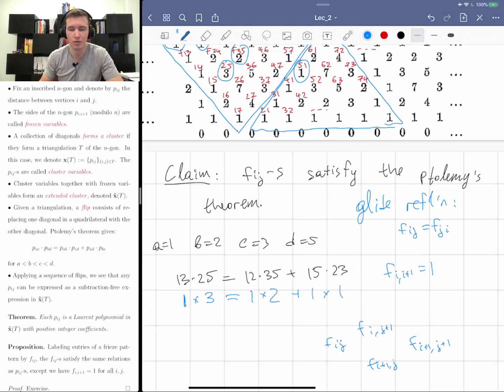So as you do, this times this is going to be equal to the sum of these two products. One of the products is just going to be Fi,i+1 times Fj,j+1. And the other one is going to be, right, so the three terms in here: the product of these two guys is equal to the product of these two guys plus 1.